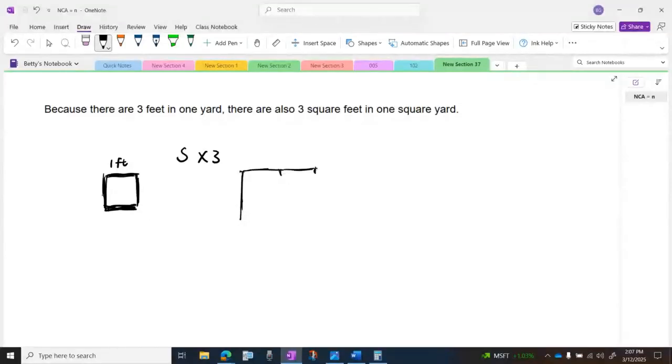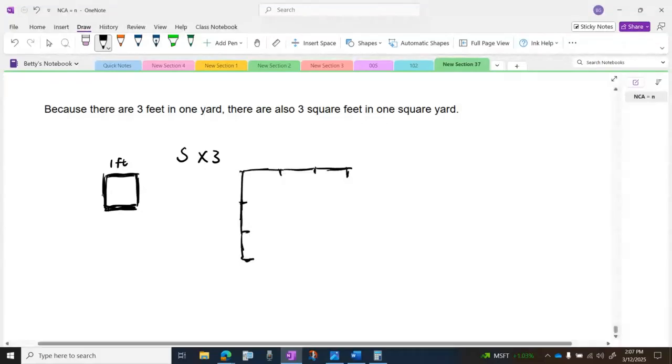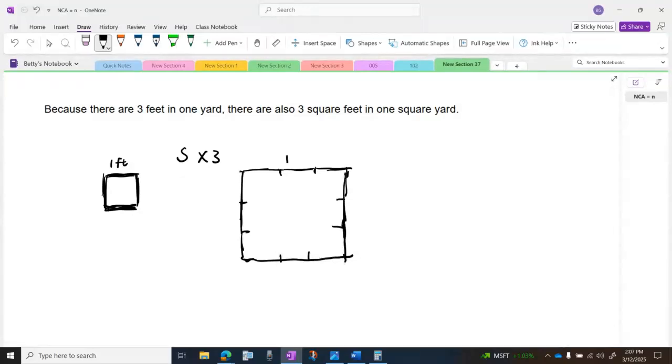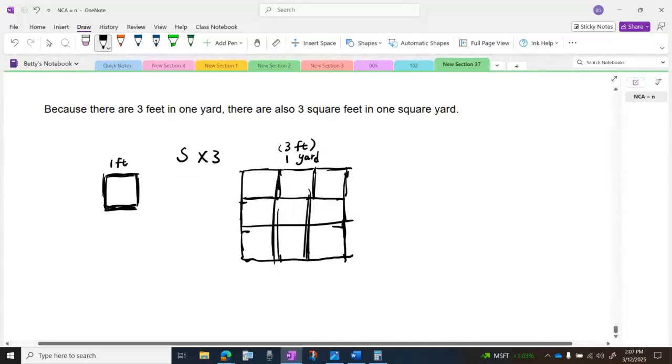1, 2, 3. 1, 2, 3. This is the square with the side length 1 yard. 1 yard is 3 feet, right? And look at the change in area.